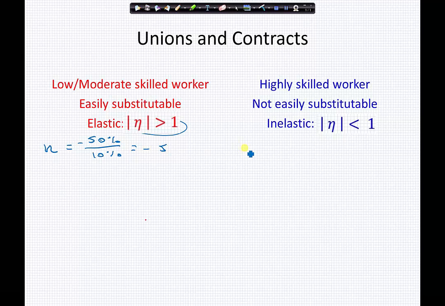So an inelastic worker, we would have some inelasticity values such that we had, let's say, a 10% increase in wage, and it only yielded a 5% decrease in labor units. So this would be negative 0.5.